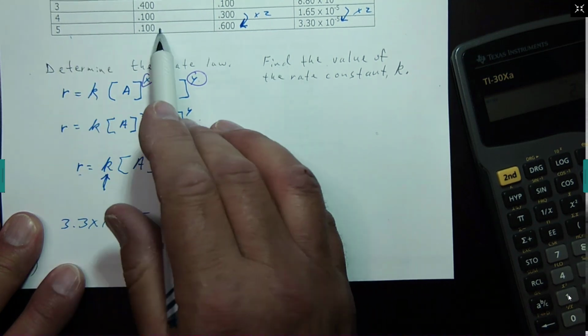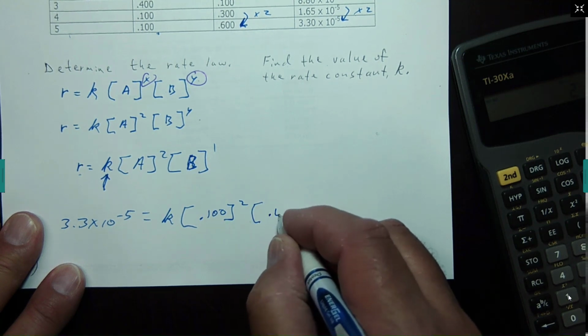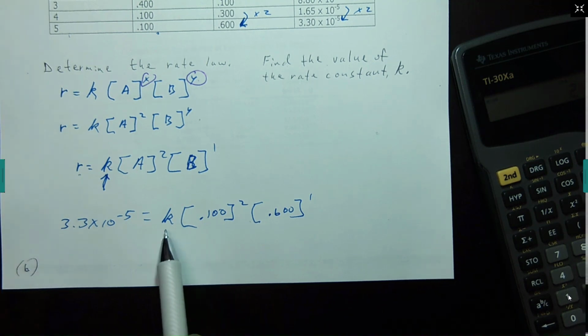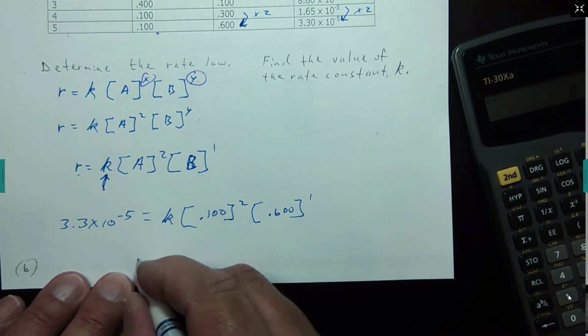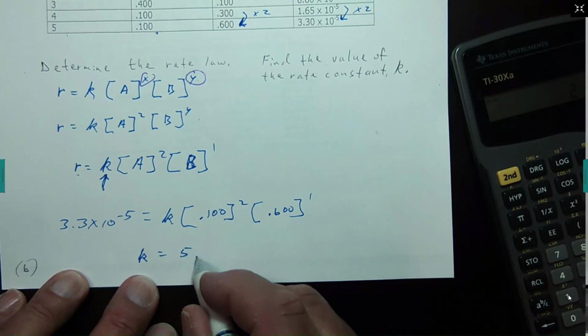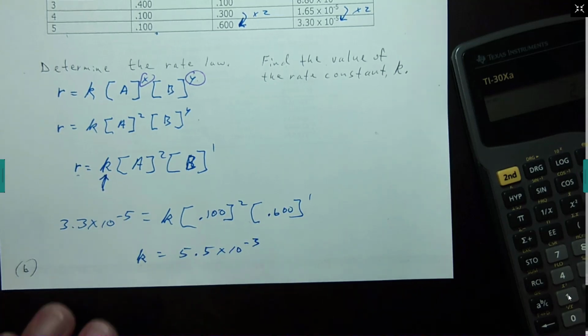In trial 5, the concentration of B is 0.600 to the first power. If you take this and solve it for K, you'll end up with your rate constant. Without doing all the algebra, I'm sure you could do this on your own. K should end up being 5.5 times 10 to the negative third.